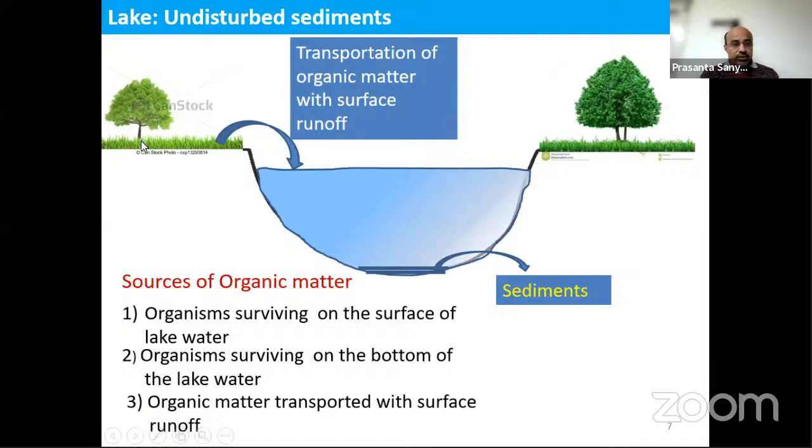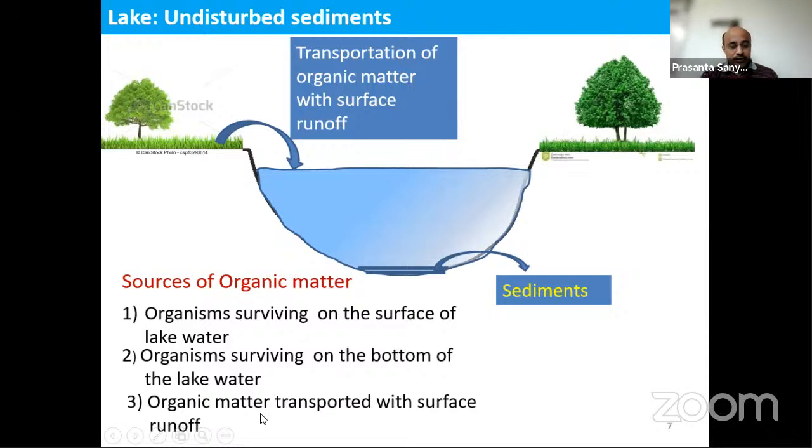And in addition to that, with the surface runoff, the organic matter from the catchment area also gets deposited in the lake. So you have three different sources of organic matter, and the carbon isotopes in this organic matter are characterized by distinctly different values.